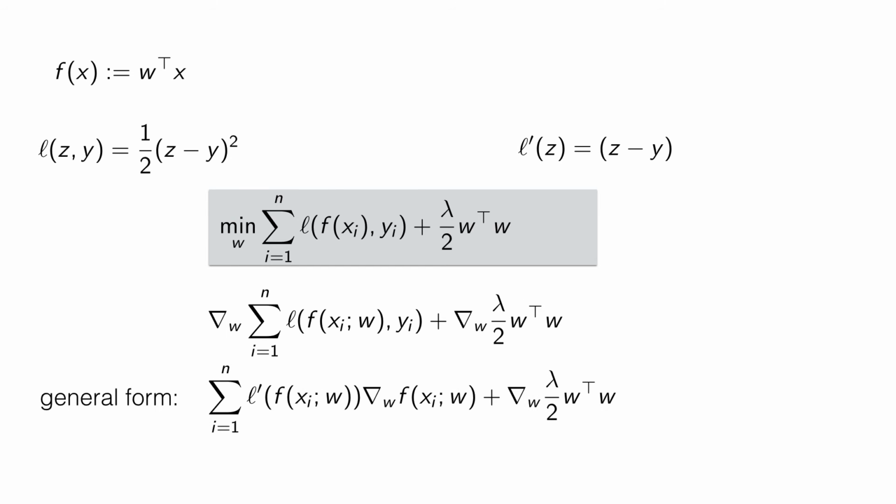So we have the general form where we have the chain rule, so we have the derivative of the loss function times the gradient with respect to the prediction. So the gradient of f. And now if we look at this particular f that we're working with, which is just the linear, w times x, the gradient of f with respect to w is just x.